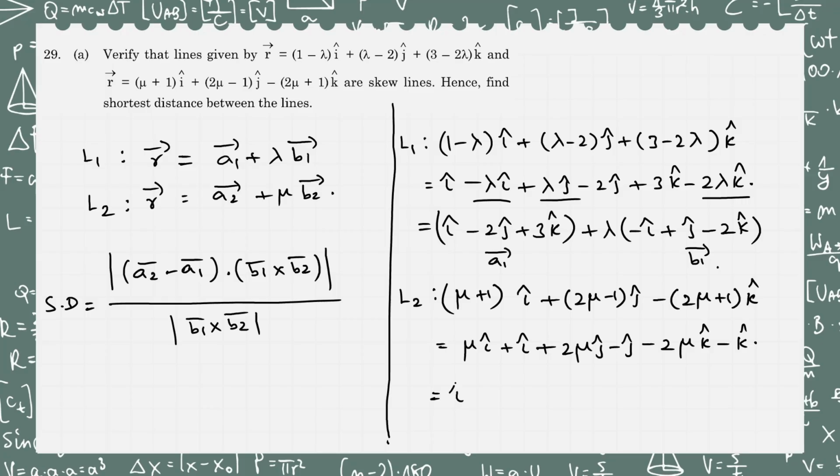So we will get i minus j minus k plus mu times i plus 2j minus 2k. So this is our a2 vector and this is our b2 vector. So first we need to calculate a2 minus a1 and then b1 cross b2 and then length of b1 cross b2, then only we can find the shortest distance.